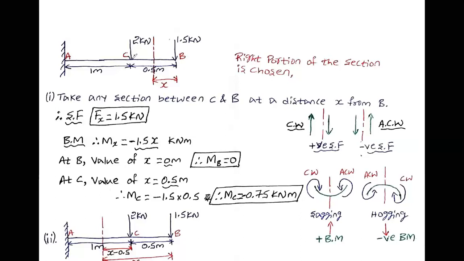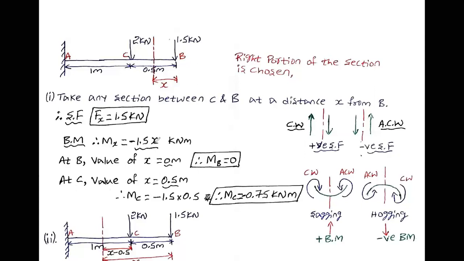Now I am going to find the bending moment at point C. This is the starting point of x. From here up to C, the distance x will be equal to 0.5 meter. Therefore, at C, the value of x is equal to 0.5 meter.